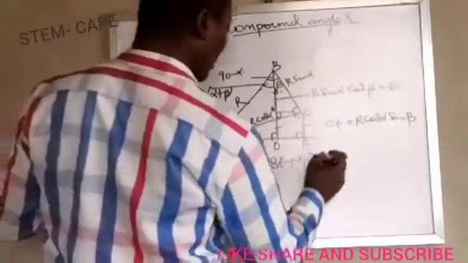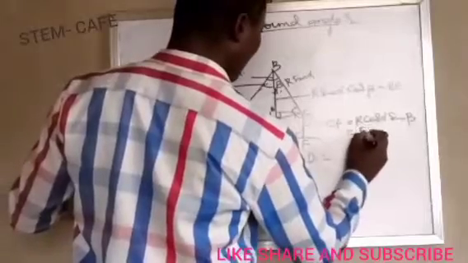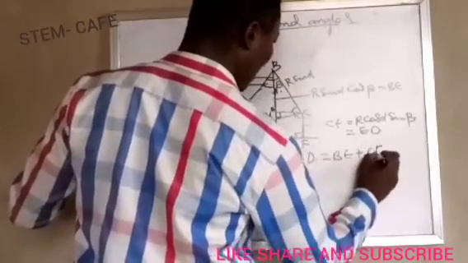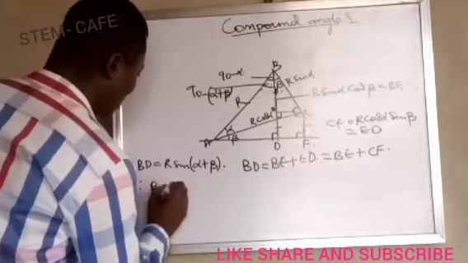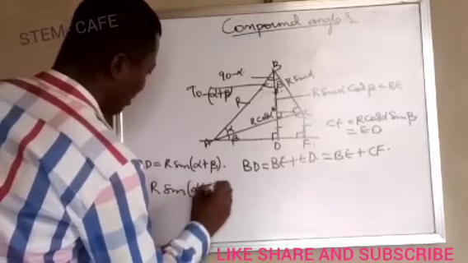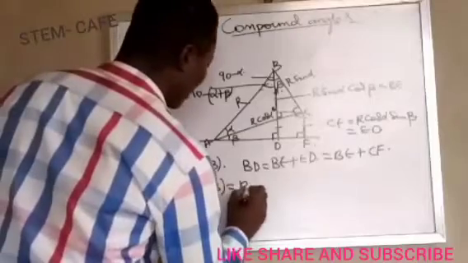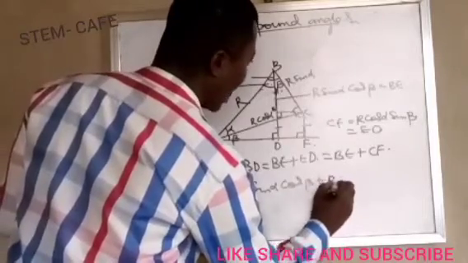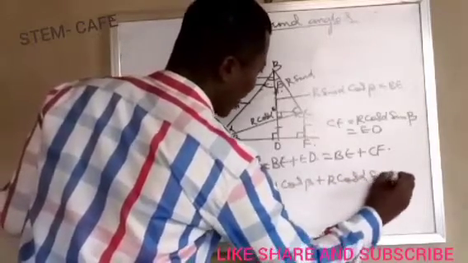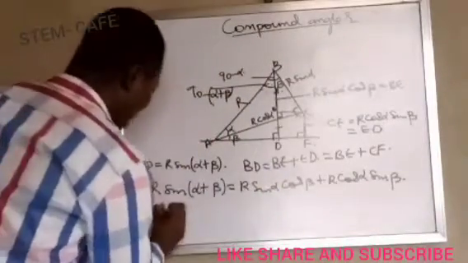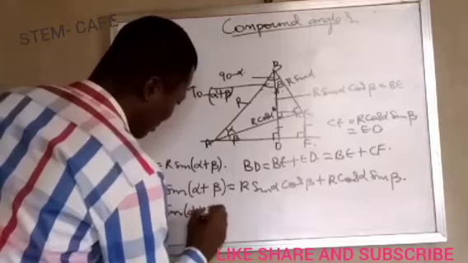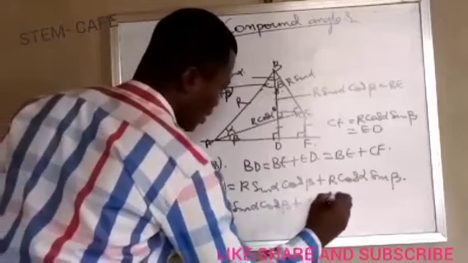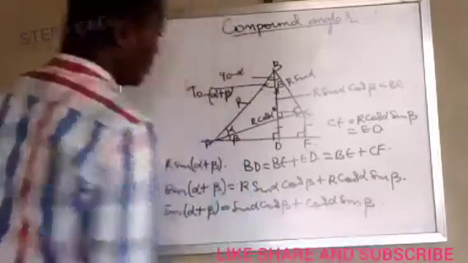So CF is equal to ED. So BE plus CF. Therefore, r sine (alpha plus beta) will be equal to r sine alpha cos beta plus r cos alpha sine beta. So dividing through by r, I have sine (alpha plus beta) is equal to sine alpha cos beta plus cos alpha sine beta.